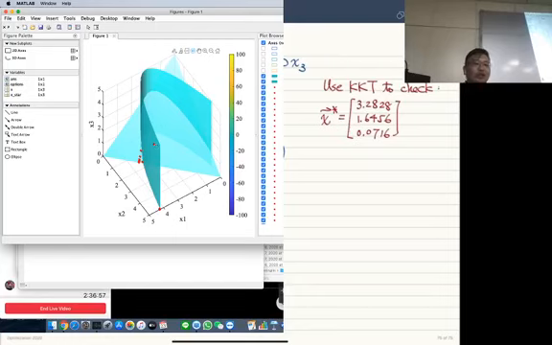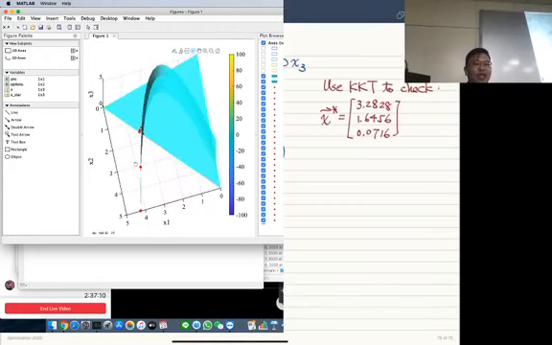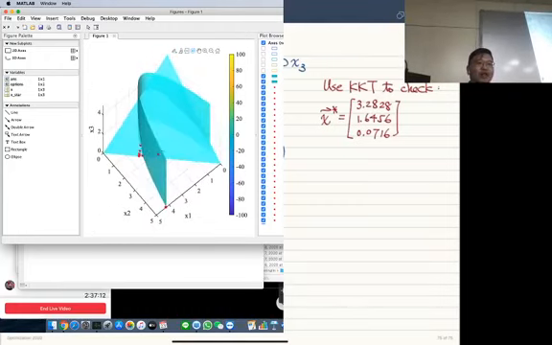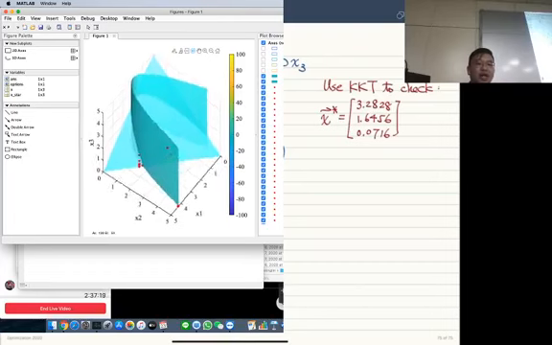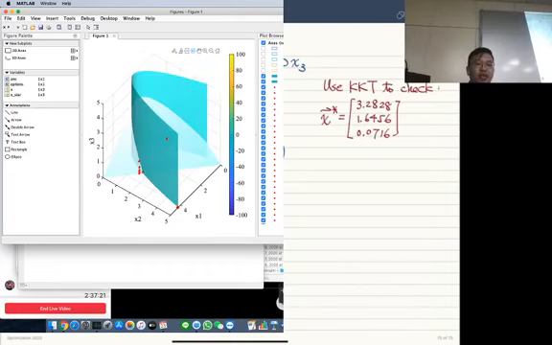So MATLAB uses some other way to choose maybe a better point for it. I don't know what the exact method MATLAB used was, but MATLAB was starting from this point. And then as the iteration moves on, eventually it reaches the corner over here.